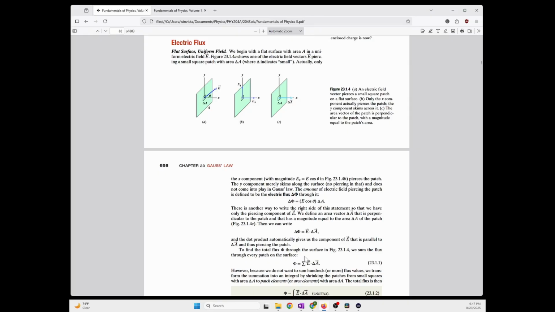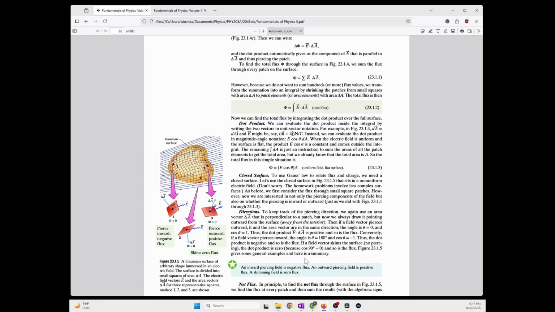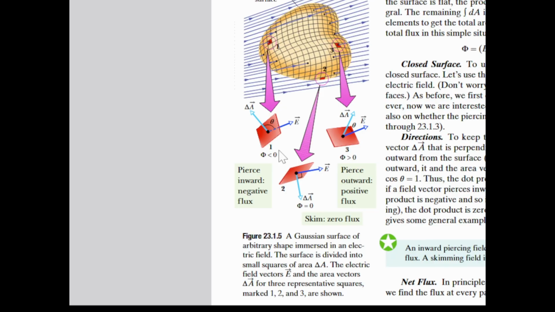Let's also scroll down to look at this diagram on the left-hand side. What this diagram is trying to tell us is that no matter how complicated the surface is, at any location, in any surface element, there are always two vectors that you have to look at. In situation number 1, we have an electric field that is pointing due east, and we have a surface element that is pointing due northwest.